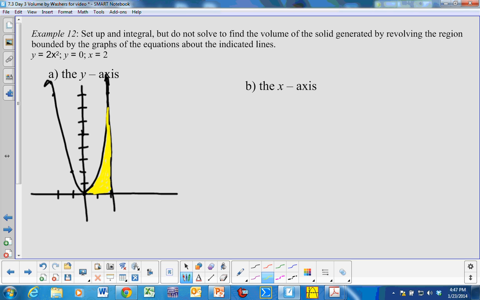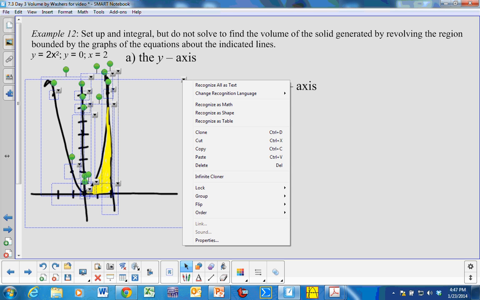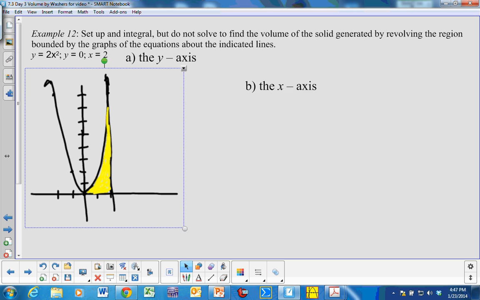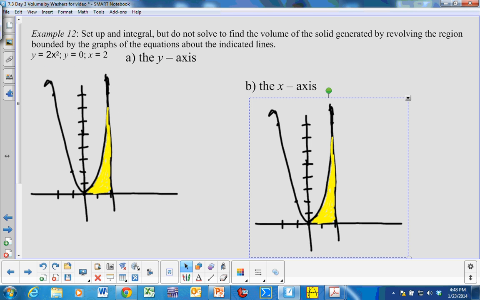So let me real quick move these words out of the way, and then let's group this and copy it. You can just make quick sketches for your other parts, but I'm going to go ahead and clone it.